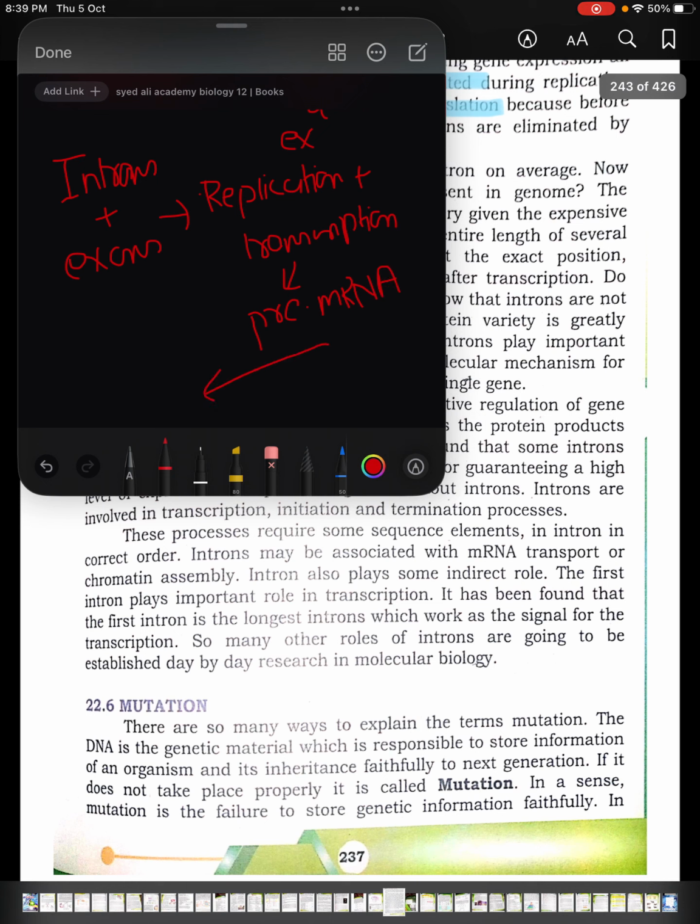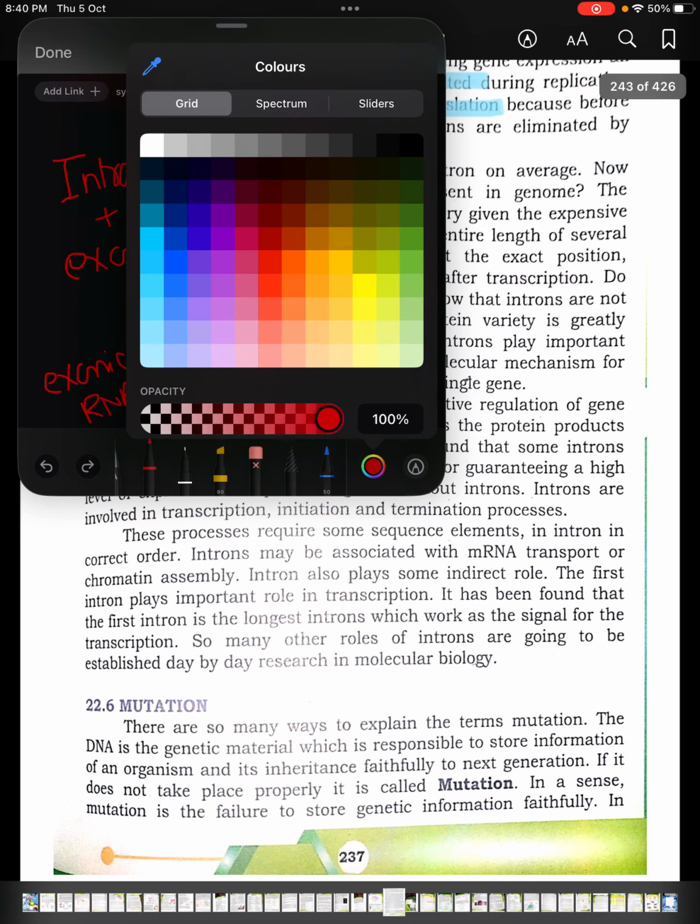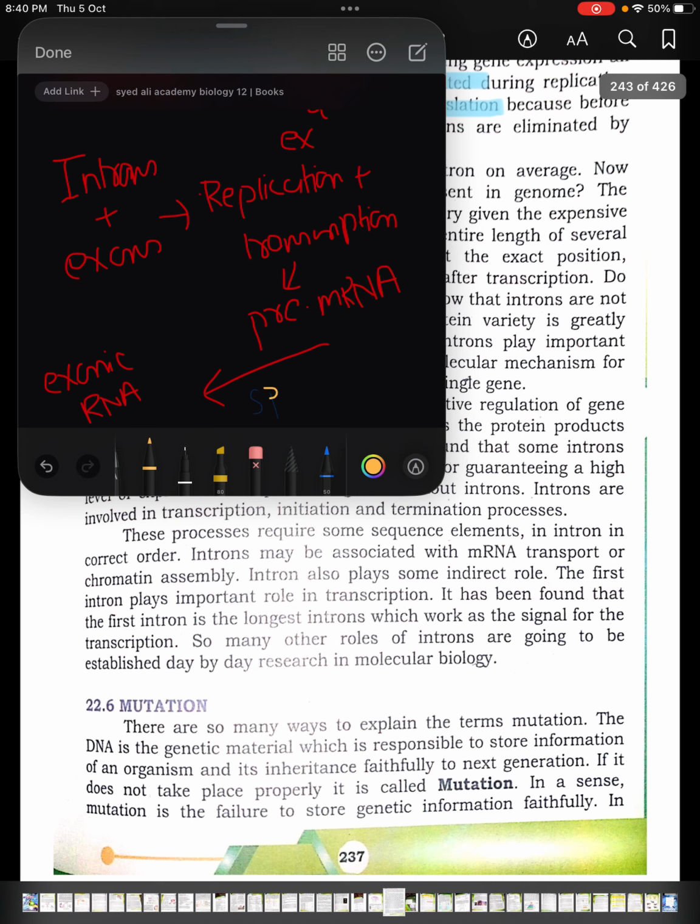So in order to convert this into exonic RNA, the post-transcriptional processes of splicing, tailing and capping take place.